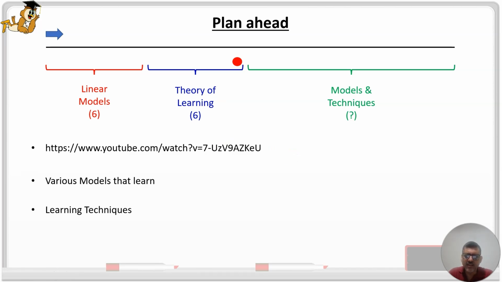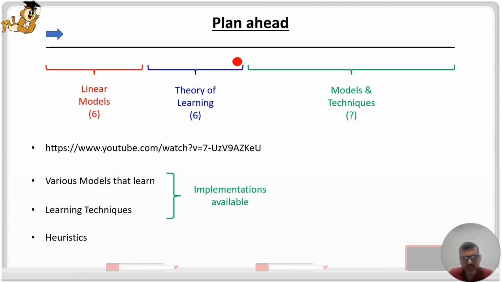And like I said, in the rest of our series we are going to be concerned with various models that learn and learning techniques, and it's also got to do with implementations that are already available, and we will also deal with certain heuristics.